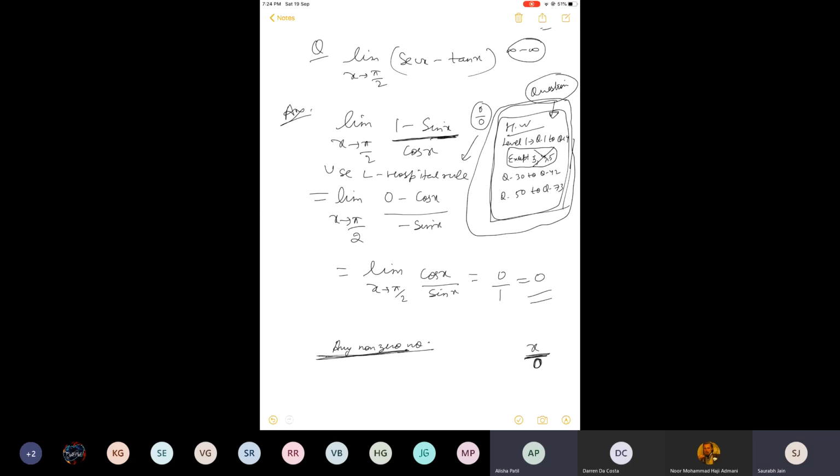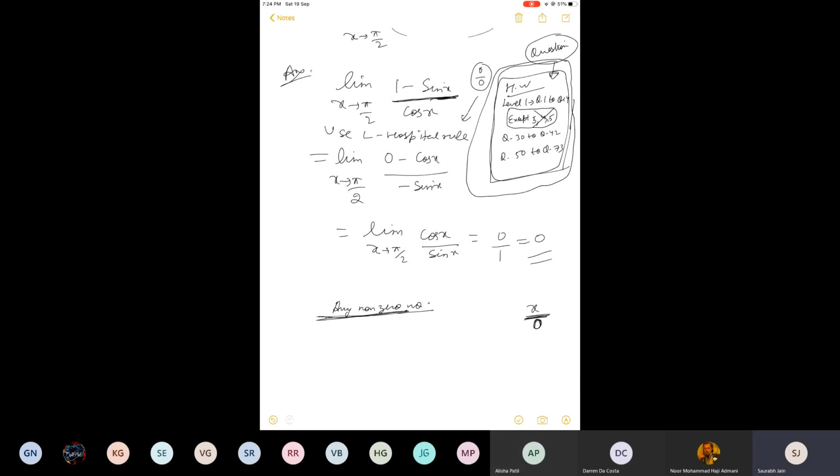Because we are studying limits, there can be a question like the limit x tending to 0 of x upon 0, or the limit x tending to 0 of 0 upon x. And there can be the question you are asking, any non-zero number upon 0. If we have exact 0 upon x tending to 0, the answer will be 0.